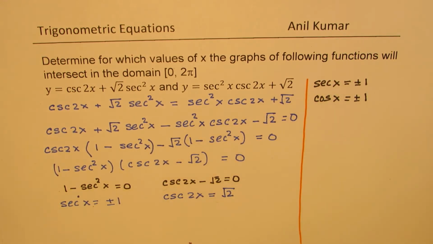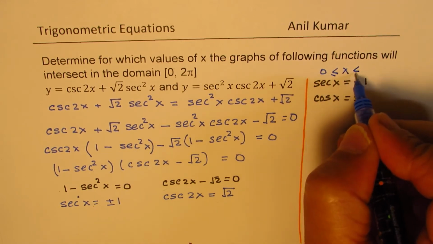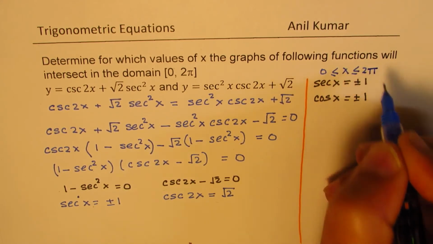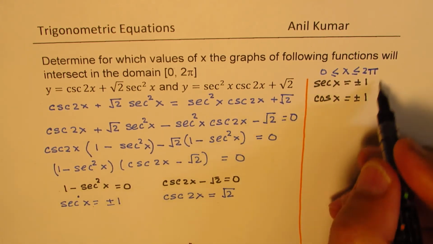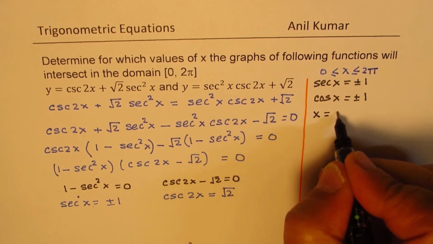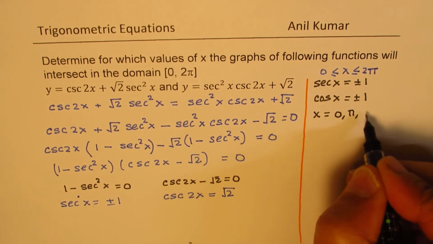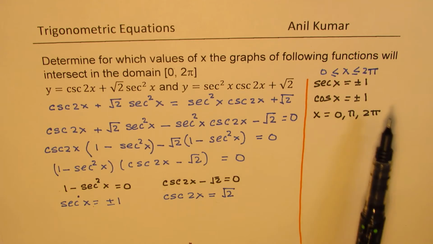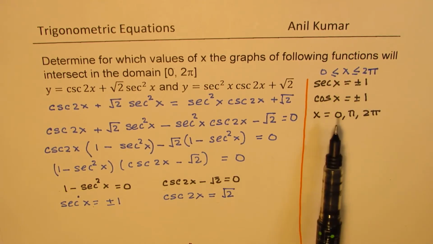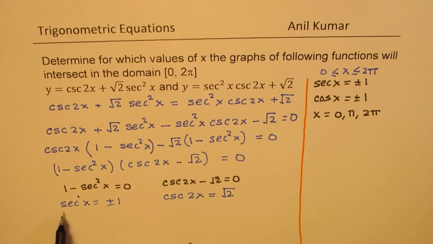And we are working in the domain 0 to 2 pi. So cos x is 1 within this domain when x is equal to 0, or it is pi, or it is 2 pi, correct? So for these three values, we get 1 for secant x. So we get the solution for this part.